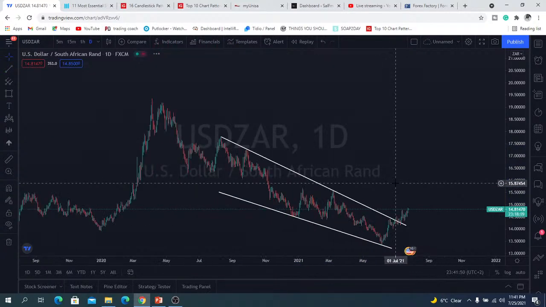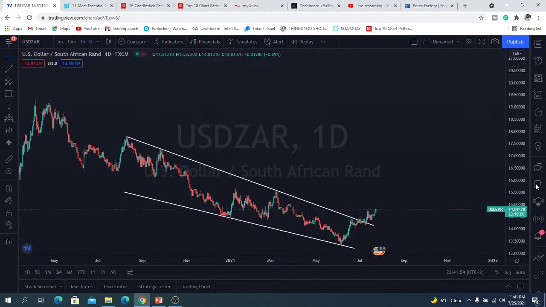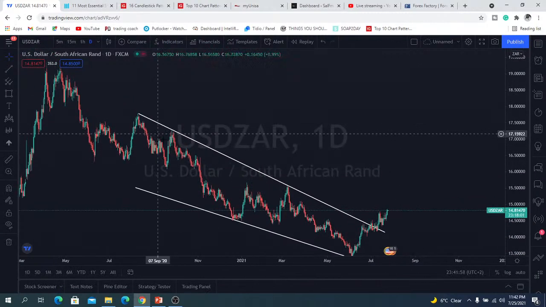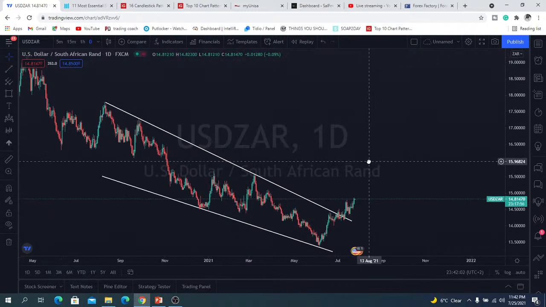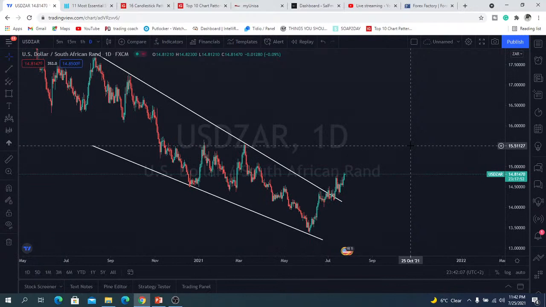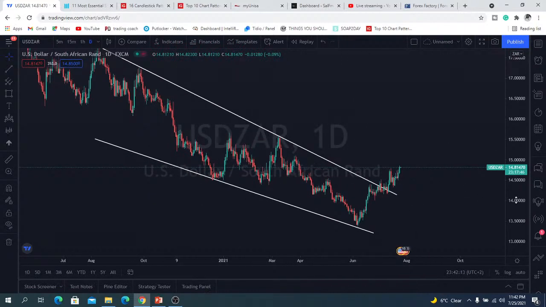So first of all, the market broke out on this one right here. We had a downtrend, however, we broke out at this level. So we might want to continue going up, but we know USD ZAR is more fundamental driven.